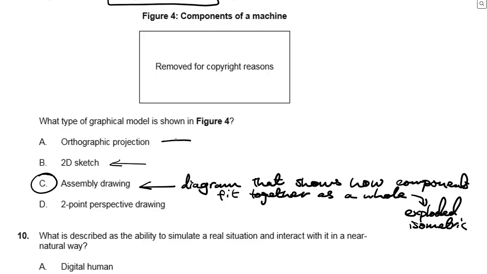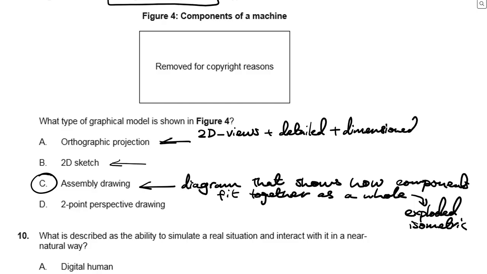Okay, then let's go from the start, orthographic projection. These are essentially 2D views to help with detailed dimensions, right?